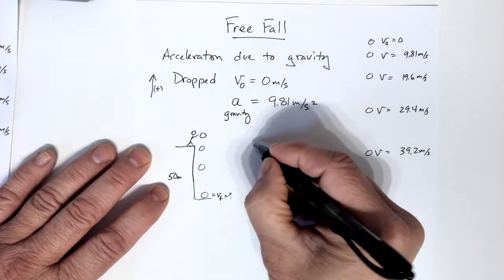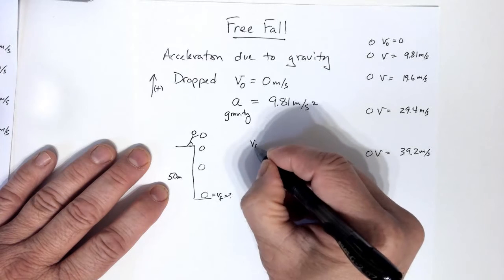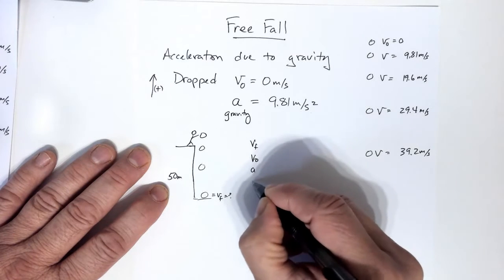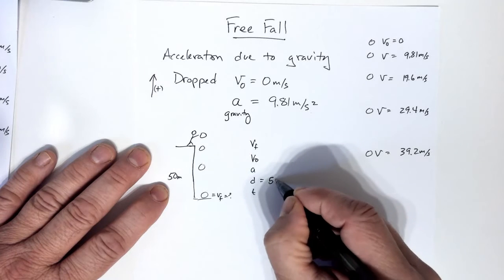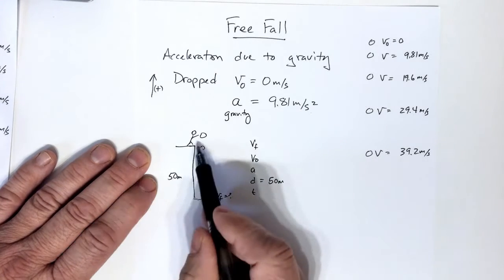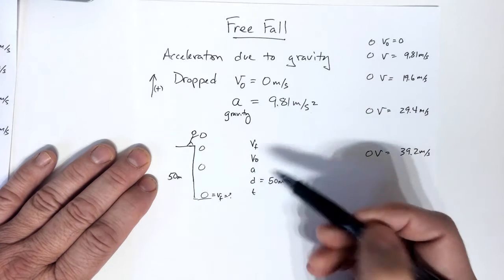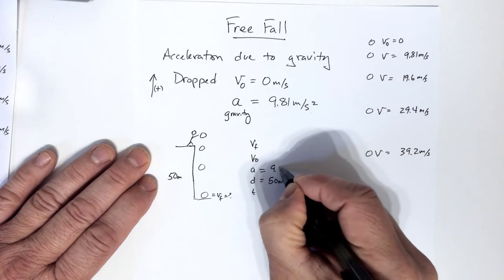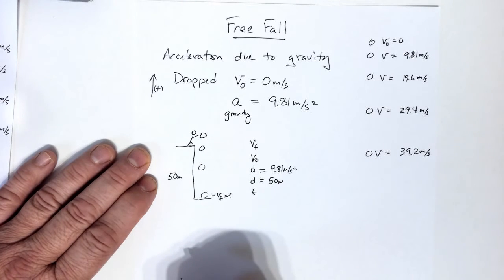okay, then we just do our list like we've been doing. I've taught you in acceleration equations, VF, V0, A, D, and T. Our distance is 50 meters, okay? And because all I said was dropped, I actually can put this information right into my given list. So I can put in there 9.81 meters per second squared, okay?